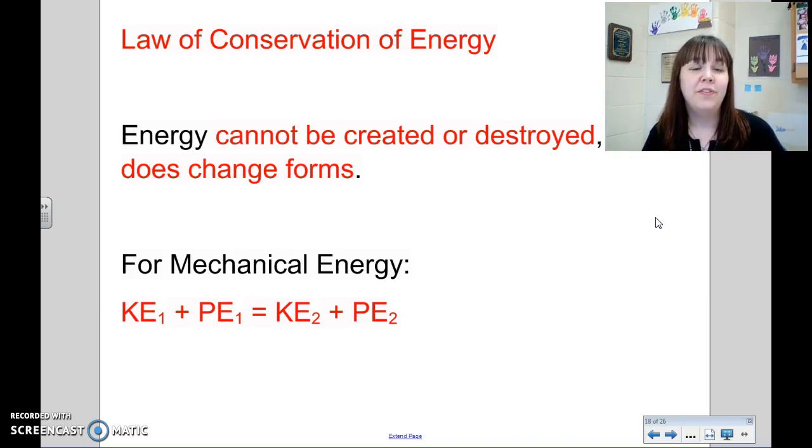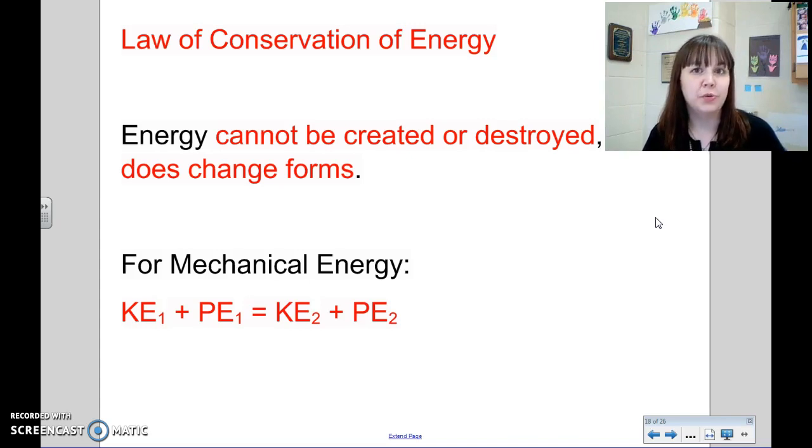All right, law of conservation of energy. Energy is not created or destroyed. I'm sure you've heard that since you were little. Energy is not created or destroyed, but it can change forms. So for total mechanical energy, we talked about that it was kinetic and potential. The total mechanical energy stays the same, but it can change types.